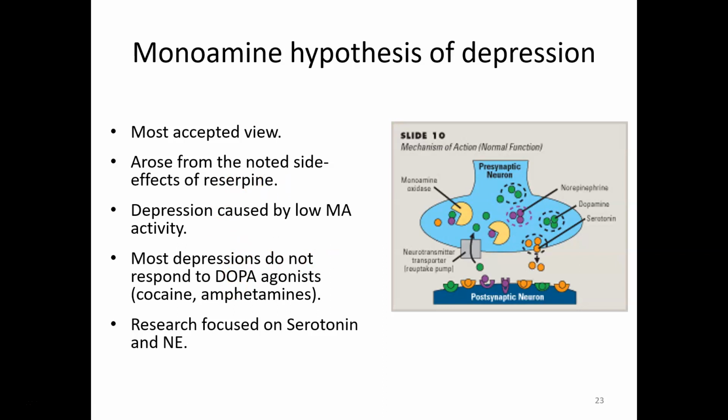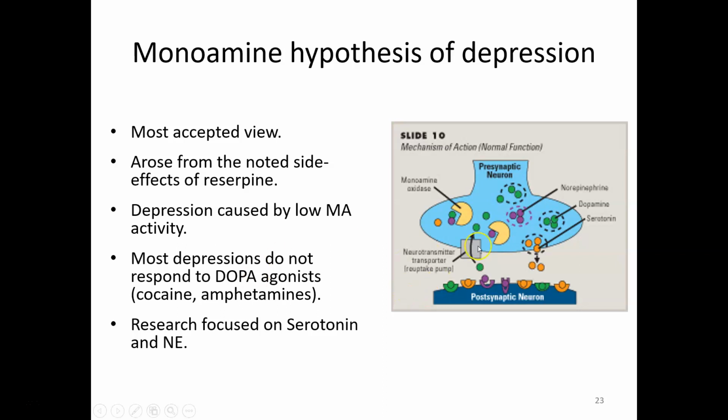It was believed that the depression that resulted was caused by low monoamine activity, in particular serotonin, and to a lesser extent, norepinephrine. The reason for this is that when researchers gave dopamine agonists that enhanced the release of dopamine, like cocaine and amphetamines, it did not treat the depression.